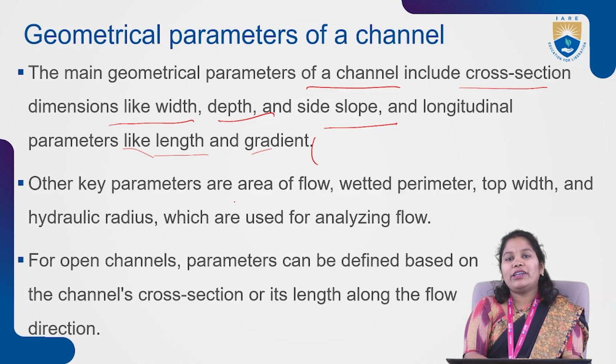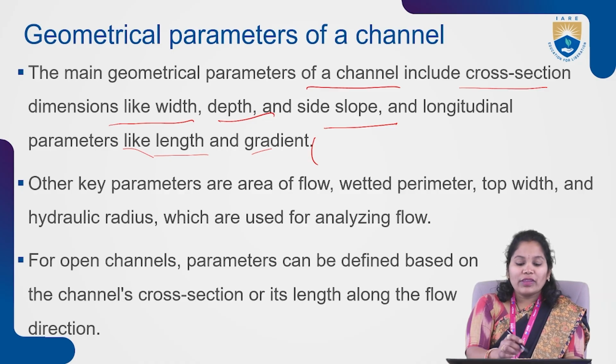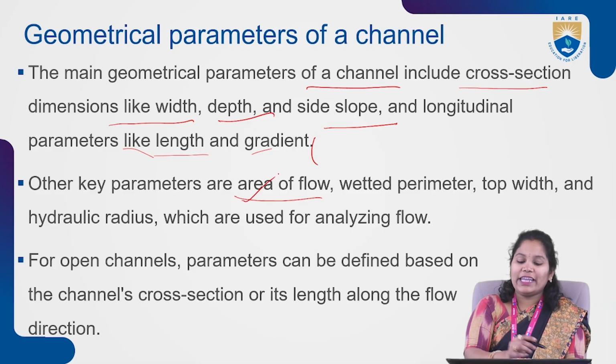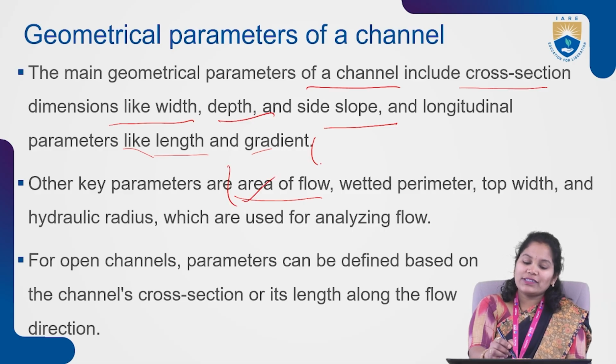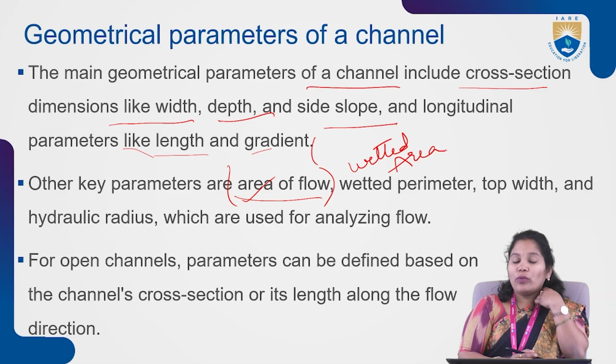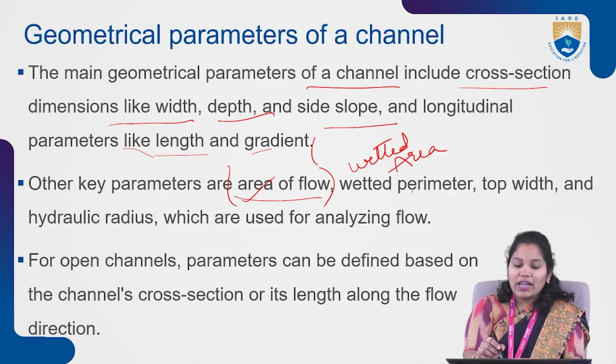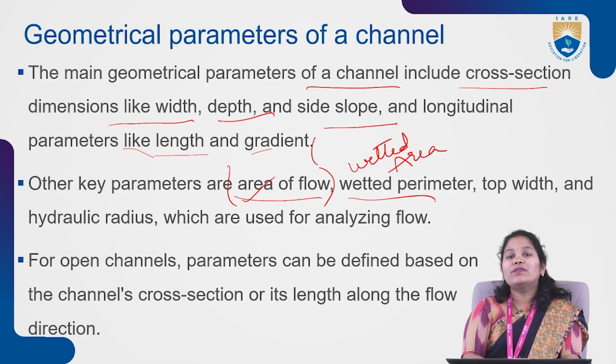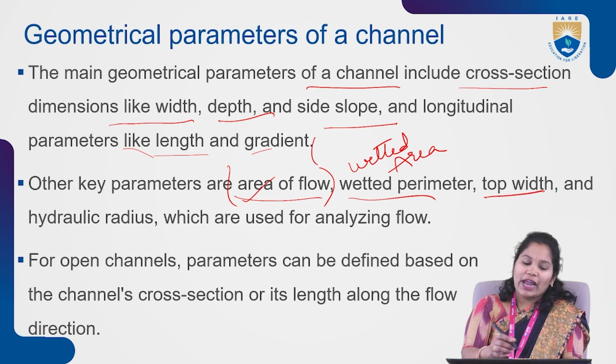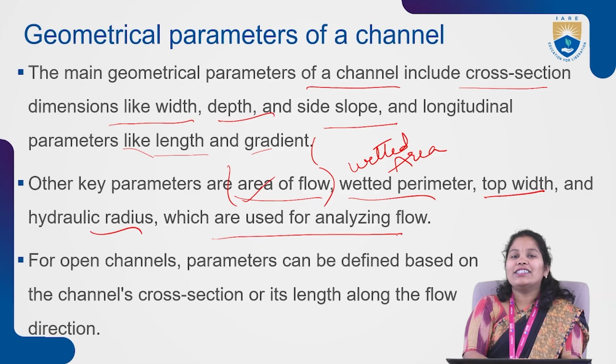What are those other parameters? That is the area of flow. Flow means we should know what the area is. Area of flow is nothing but your wetted area. Then the wetted perimeter, the top width and the hydraulic radius, which are used for analyzing the flow.